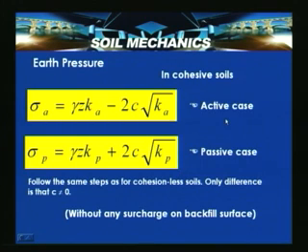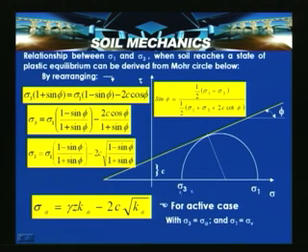Using the same concepts for the passive state, when we derive the relationship between sigma p, sigma v, cohesion and Kp, we can arrive at the equation for the passive case also. The only difference is that sigma 3 becomes the major principal stress and sigma 1 becomes the minor principal stress, which is nothing but sigma v in the passive state of plastic equilibrium.